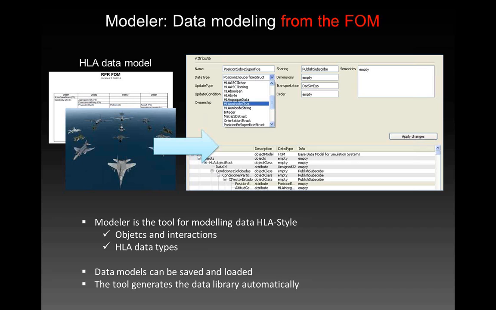I mean, in the HLA you have things that are going to be published, things that are going to be subscribed. So here in DDS we have things that are going to be published and subscribed in DDS. So we will have all the callbacks, all the publishers, all the subscribers in DDS. So now this is the basic. We have this library in DDS that is the data model.